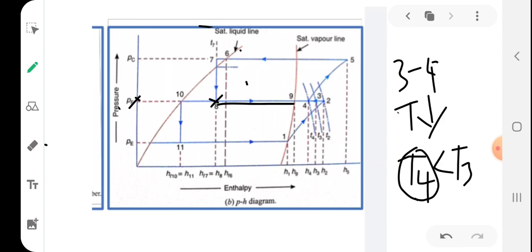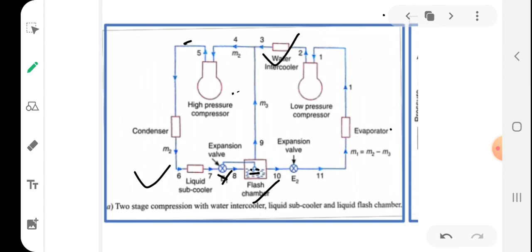So you are missing a chance to increase your refrigerating effect. That is why we are using a device called the flash chamber. So what is happening in the flash chamber? Since the refrigerant is a mixture of vapor and liquid, the flash chamber will separate the liquid and vapor.